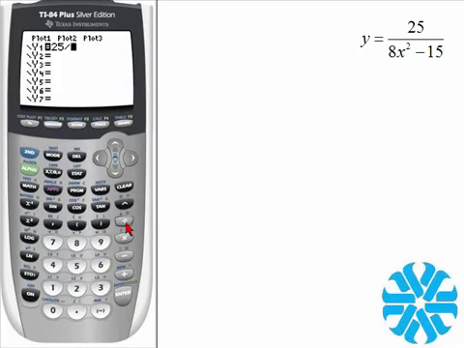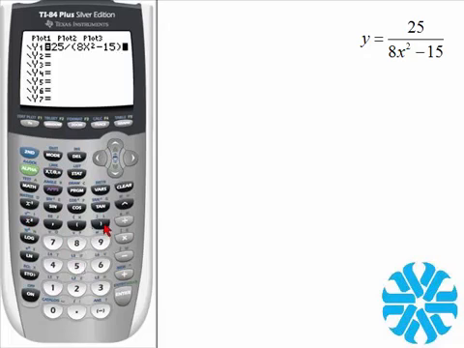So that's 25 divided by, and remember to keep order of operations in mind. We're going to need grouping symbols in the denominator. So we'll start out with a left-hand parenthesis with 8x squared minus 15.